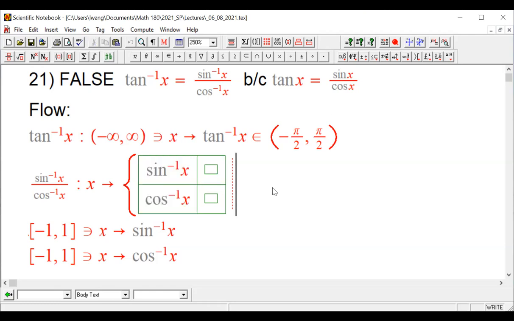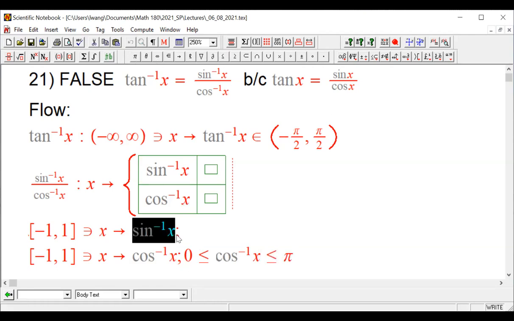So how do you coordinate that? Even if you choose x between -1 and 1, you have to make sure the denominator is not going to be 0. Remember the range. Let's go back to the range of cosine; this is an opportunity for review. The range of cosine inverse is between 0 and pi.